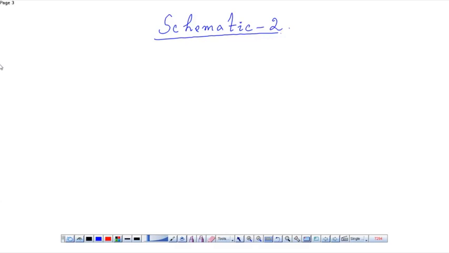So how will you draw? So we know that we have to design the PMOSes and then the NMOSes.